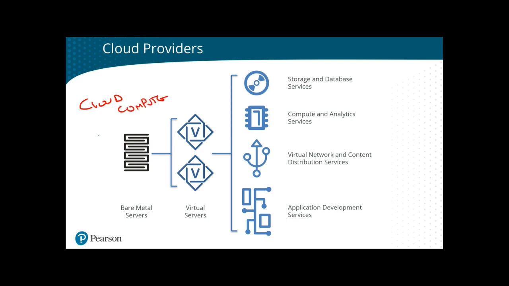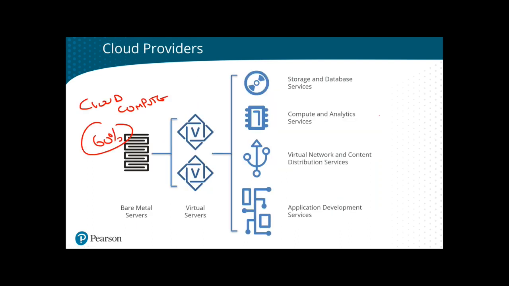The last number I saw was that about 60% of the information technology processing that goes on right now is going on in cloud providers, in the cloud space. So this is a very large and growing service area for people. And you'll find all sorts of different kinds of services here.